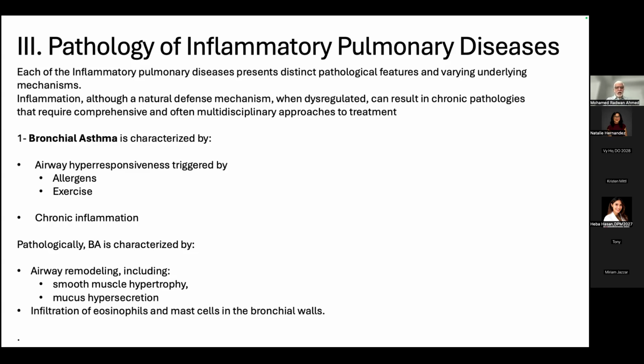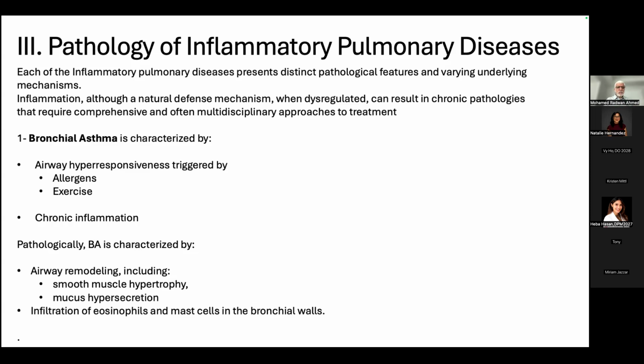hyperresponsiveness. As we said, allergy is hyperreaction or hyperresponsiveness to normal stimuli, like allergens such as dust mites. They are everywhere, and nobody gets a reaction to that, except if you have a predisposition, like a genetic predisposition, as we will talk about in the next slides.